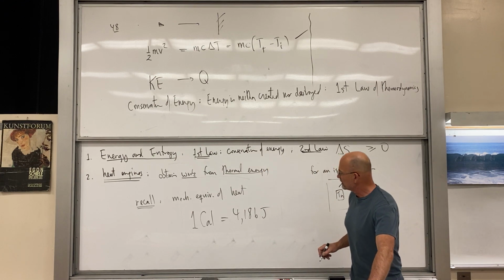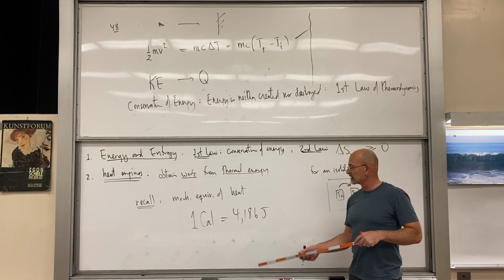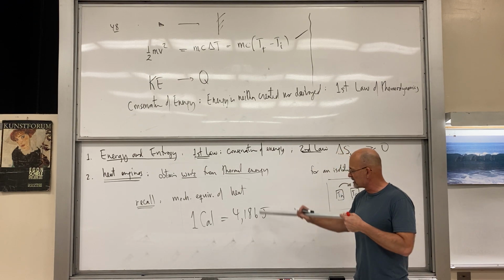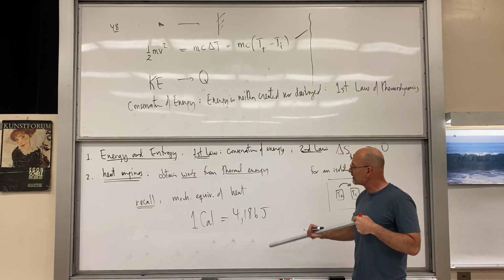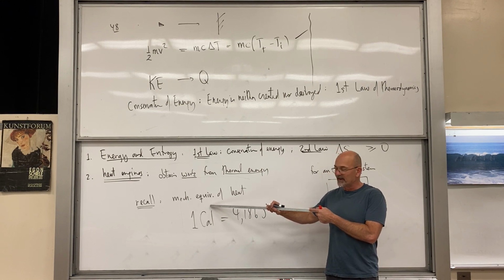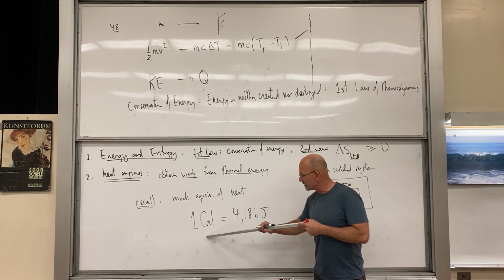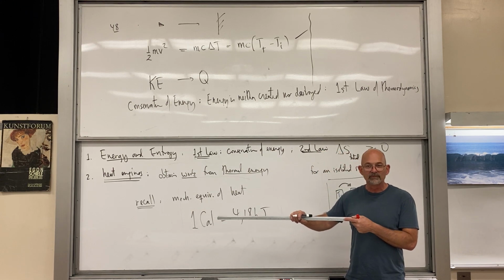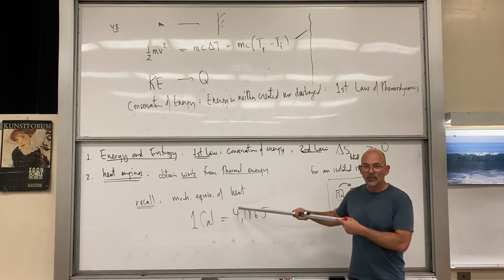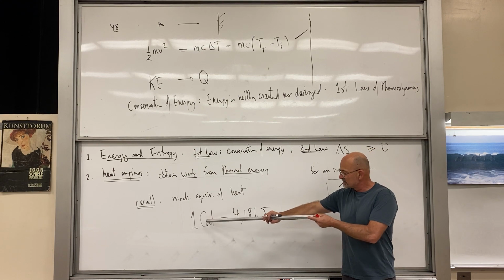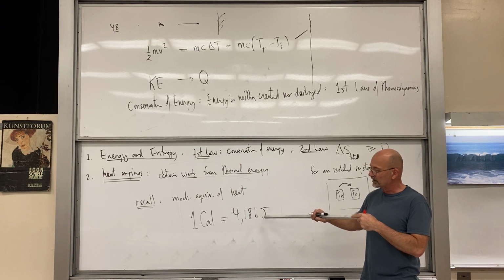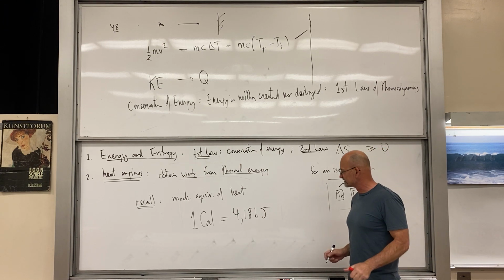And of course, once you have this mechanical equivalent of heat, you don't even have to talk about calories anymore. You just talk about joules. However, it's useful to remind ourselves of this, because here we're just thinking pure thermal energy, we burn some fuel or something, and here we're thinking mechanical energy in terms of work. That's the reason for me to repeat this, to remind us of it.